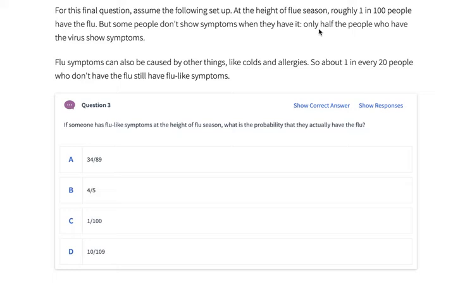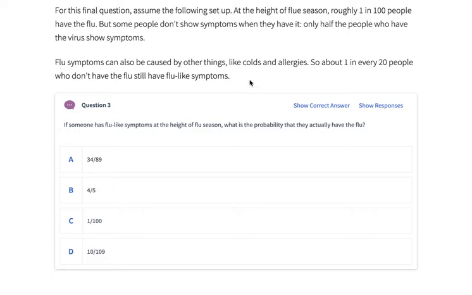So the second sentence tells us that among people who have the flu or the virus, only half of them show symptoms. So what that tells us is that the probability of symptoms given the flu equals 1/2. Now we need another piece of information.